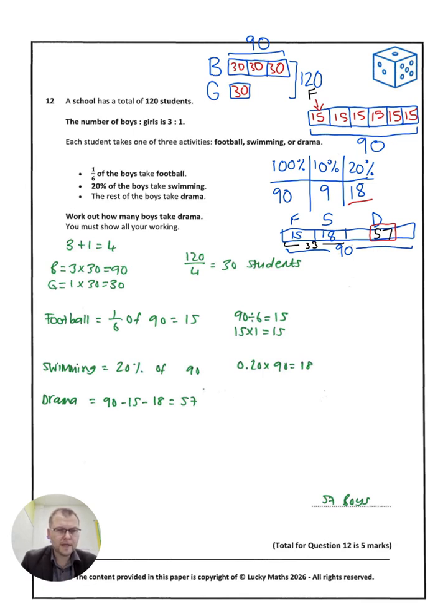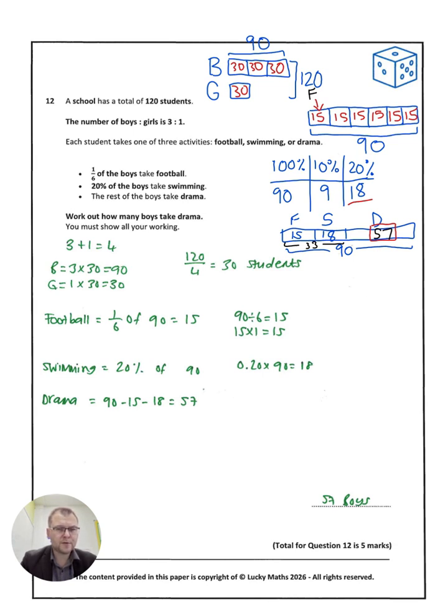And because we know 1/6 of them play football, I can take the 90 boys and split them into 6 parts. That's the bar model. Below that, with 15 in each box, because 1/6 of 90 is 15, so we know 15 boys take football.